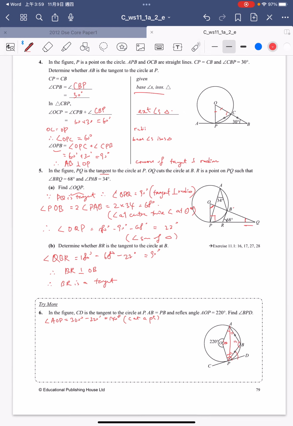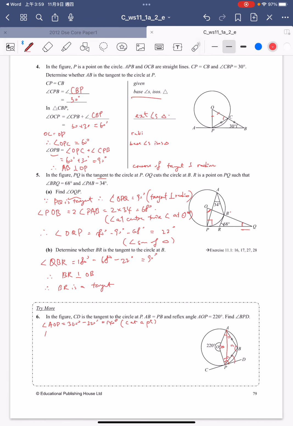So now we can say that OA is equal to OP, which are the radii, so that the angle OAP equals the angle OPA, which is equal to 180 minus 140 divided by 2, giving you 20 degrees. And the reason for that is the base angles of an isosceles triangle, together with the angle sum of a triangle.